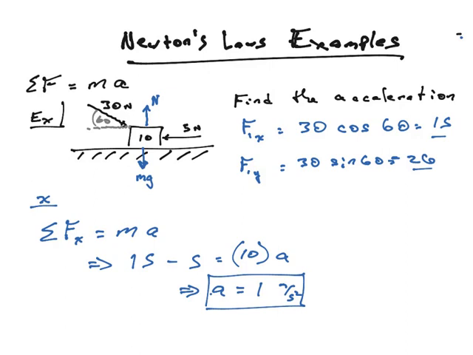Now what I want to do is do an example where things get a little mixed up. And this is a very, very critical example to understand. Example 2. Let's say this time, instead of having my block lie on a nice flat horizontal surface, my block is laying on a ramp.